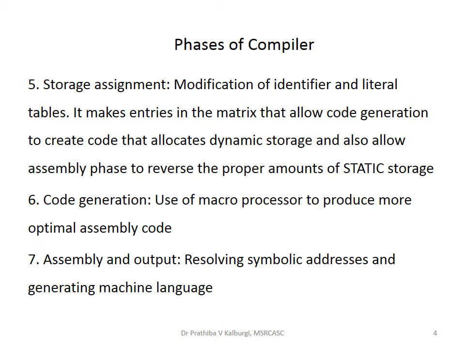And lastly, it has to generate the storage and convert the literals. So in this phase, we have the databases such as the identifier table and the literal table along with the final output of the code generation.